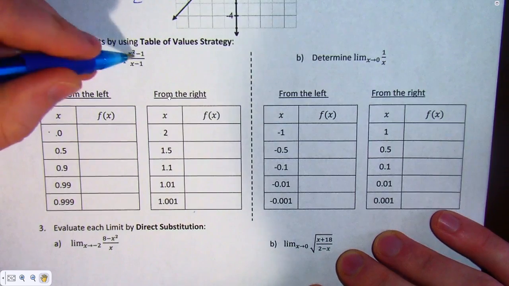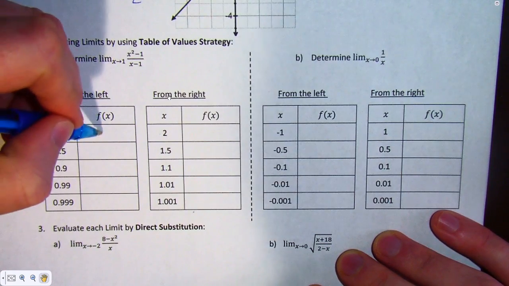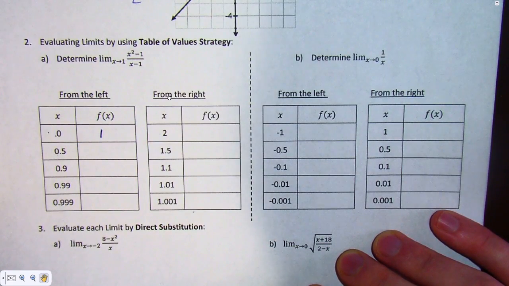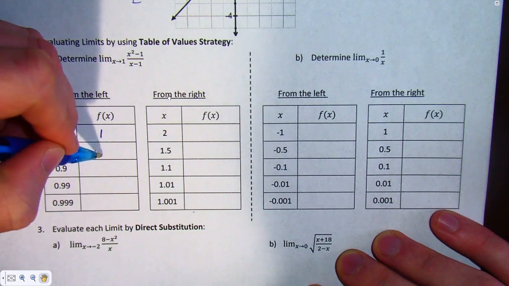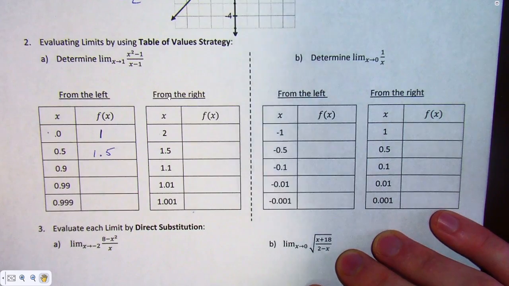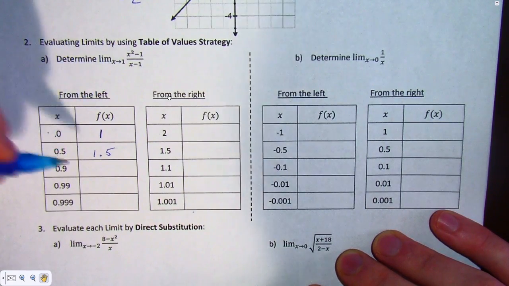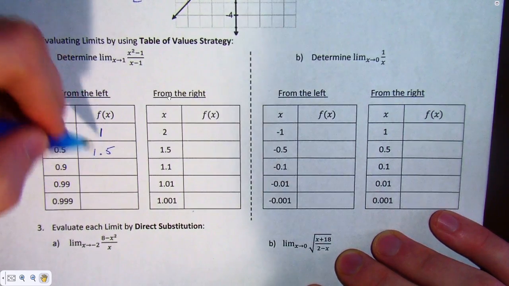So if we plug in 0 into this equation, it will give you 1. Okay. If you then put in 0.5, it's going to give you 1.5, and you can calculate these on your own if you don't trust me, but I have done it ahead of time, so I do know that I'm right.